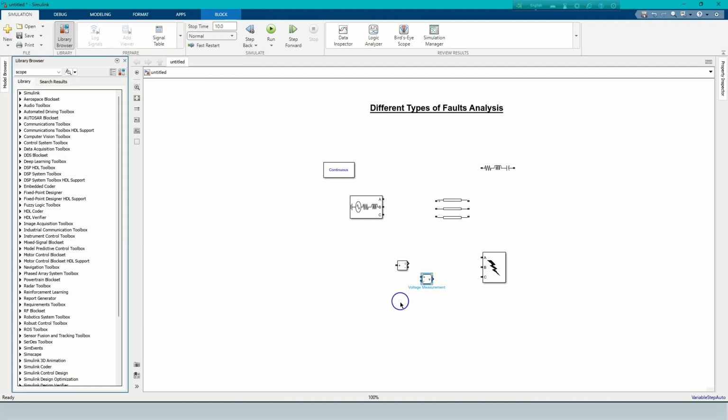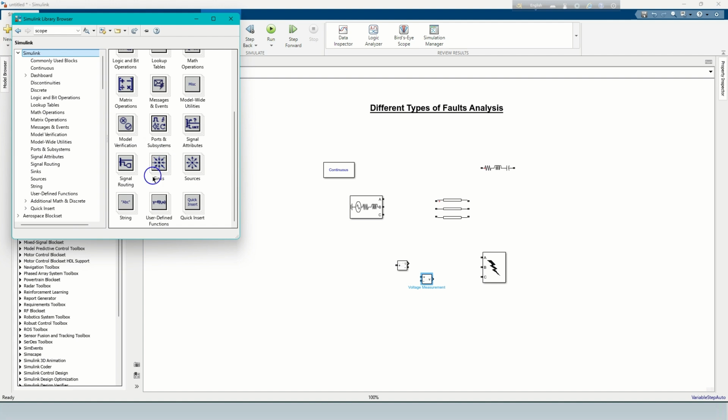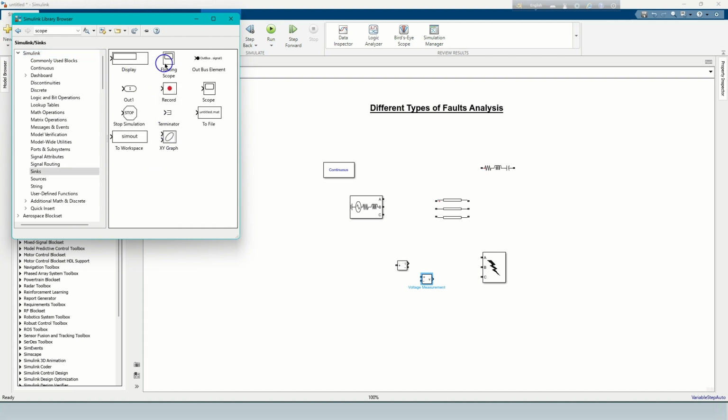Measurement blocks to monitor voltage and current during the simulation. Scopes for visualizing the fault's impact on the power system.